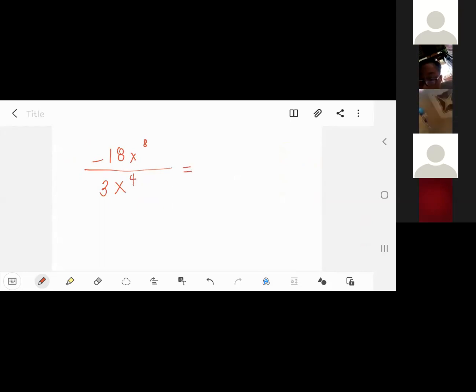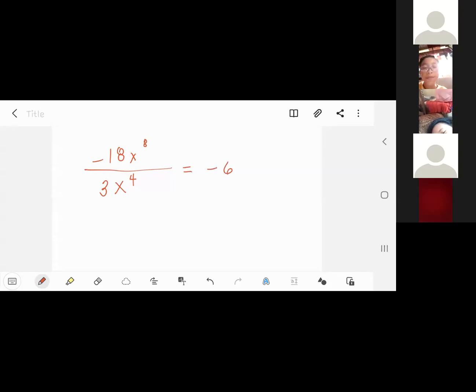First, you divide the coefficients. Where are the coefficients? Negative 18 and 3. Yes, very good. So negative 18 divided by 3, how much? Type your answers. Negative 6.